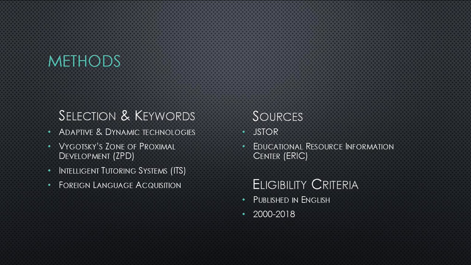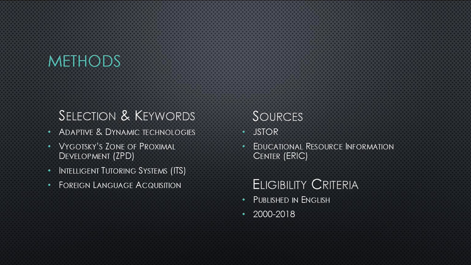Studies for this literature review look at ways in which adaptive and dynamic technologies can keep students firmly placed within what is called the zone of proximal development, or the ZPD. They also look at the benefits of collaboration in online settings and the use of intelligent tutoring systems, also known as ITS, as an adaptive feature of online courses.